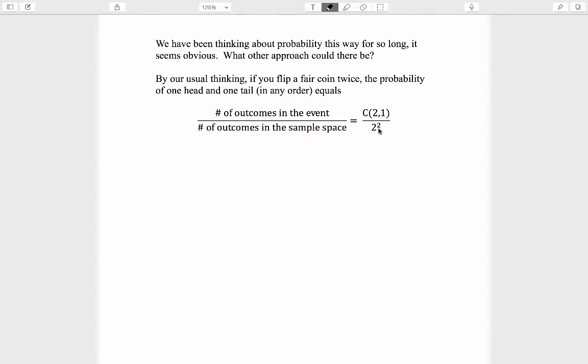That's 2 squared, from the multiplication principle of counting. So we count the number of outcomes in the event, that's 2. We count the number of different possible outcomes of the experiment, that's 4. So our probability is 2/4 or 1/2.